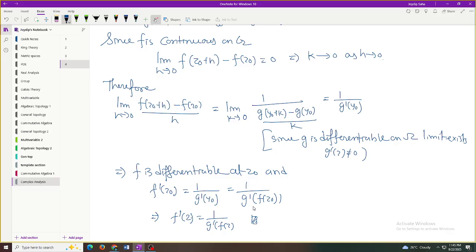Okay, so simple proof, but it is a very important theorem.